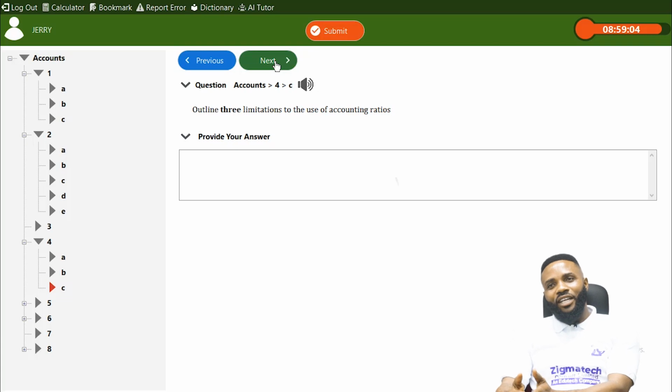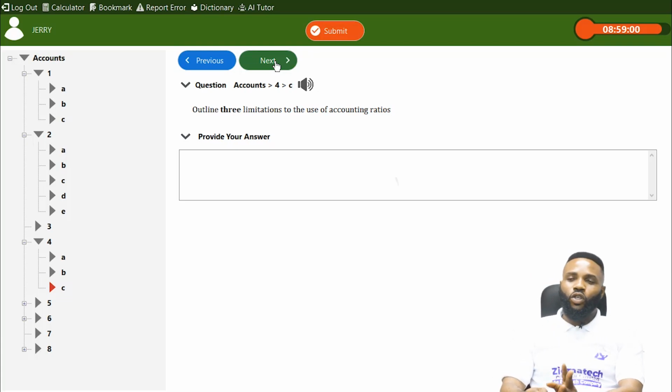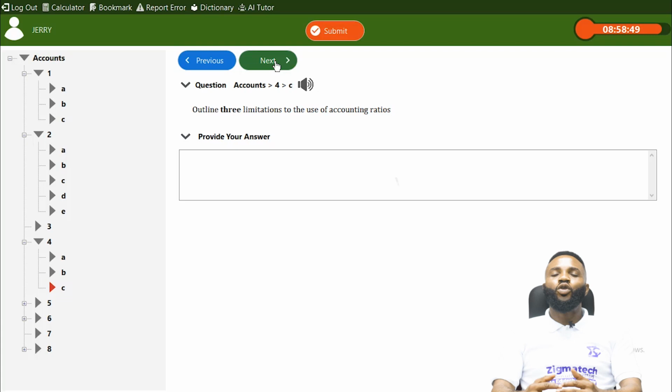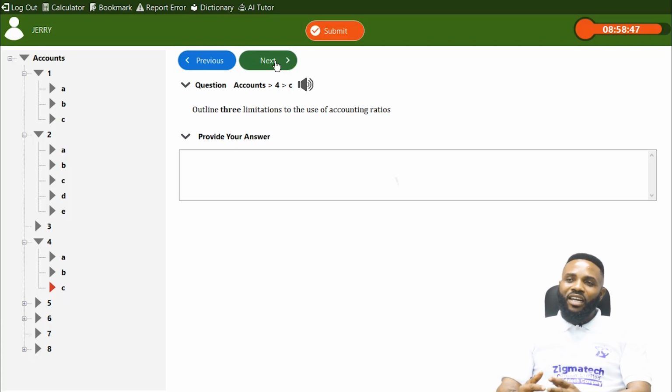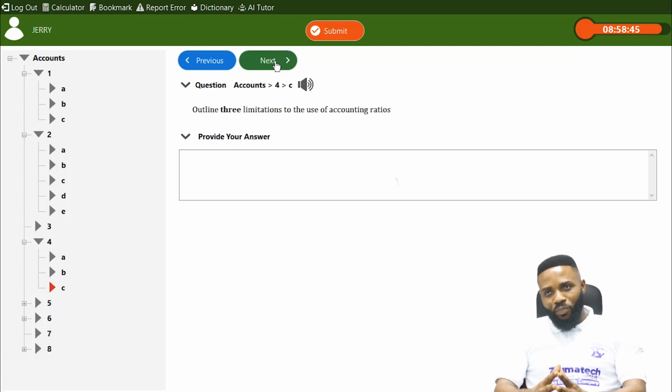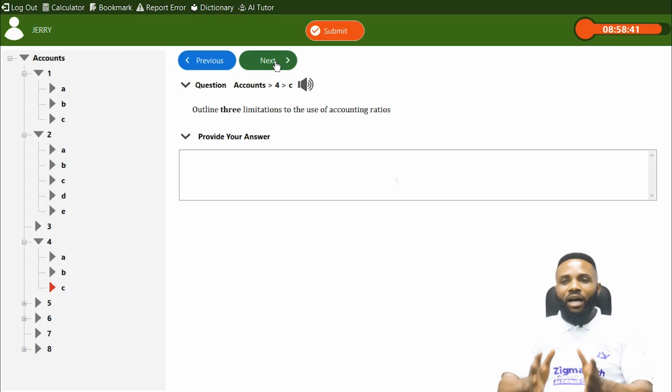The theory is divided into part A and part B. Part A has 4 questions to answer 2, while part B has 5 questions to answer 3. We've been able to explain the 4 questions under A. In our next video, we are going to look at part B, the 5 questions that comprise part B of the accounting question.